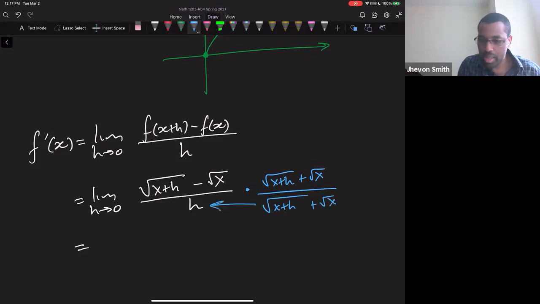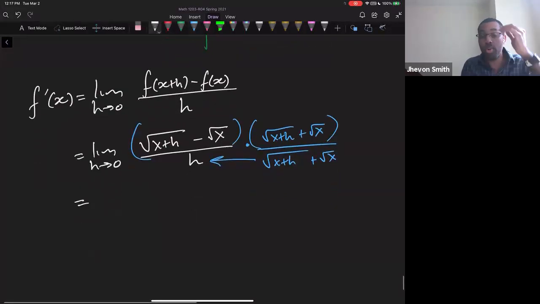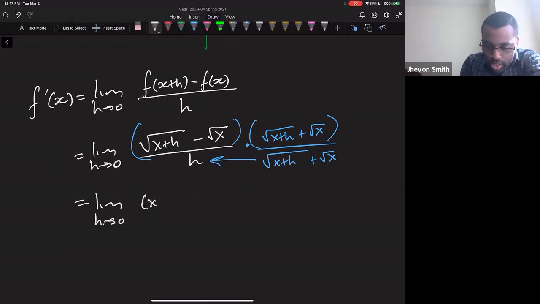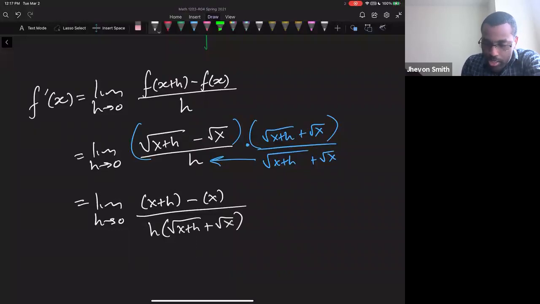And we know that the whole point of the conjugate is to take advantage of the difference of squares formula in the case that we have square roots. So the top is going to become the first part squared minus the last part squared. And remember, as I told you long ago, never expand the denominator.